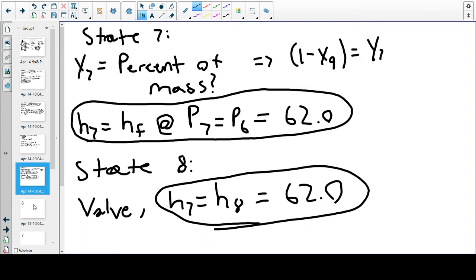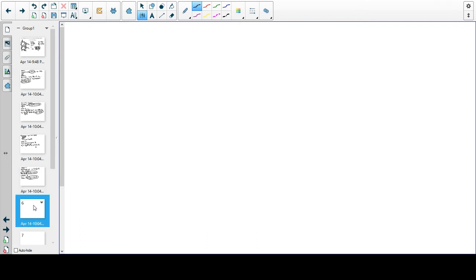I just don't like things being confusing, and maybe I'm confusing you right now, and if I am, I apologize. But this is just how I think of it, and you don't have to do that. If you know that all of the liquid went to 7 and all of the vapor went to 9, then you don't need to use the Y's. You can use the X's, but like I said, sometimes it confuses me, so I like to have something else to remind me.